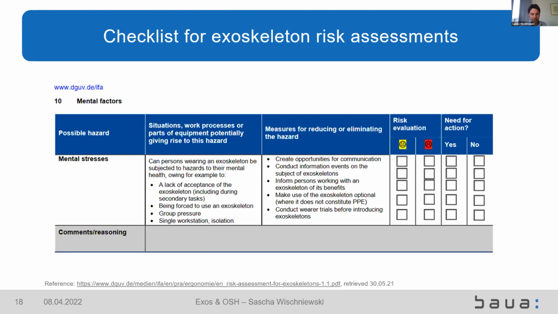I don't know if I have one more minute, because that might also answer another question that I've seen on the chat. It's not only about doing the risk assessment for using the exoskeleton, but also how the work changes when I use an exoskeleton. So basically, I do an analysis of the workplace with the RULER or with the OVAS. And then I use an exoskeleton, but is the score still valid?